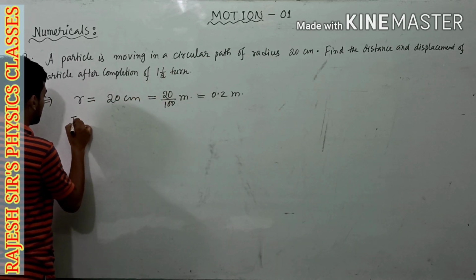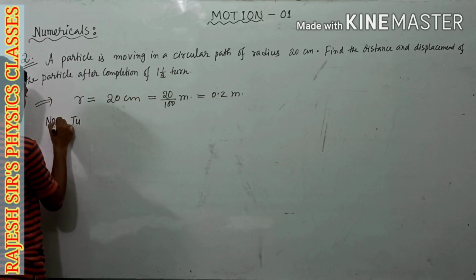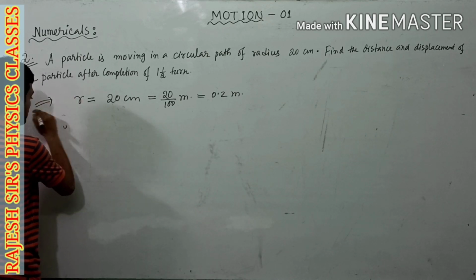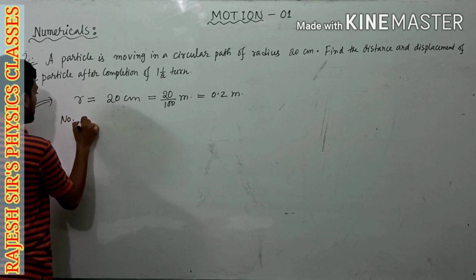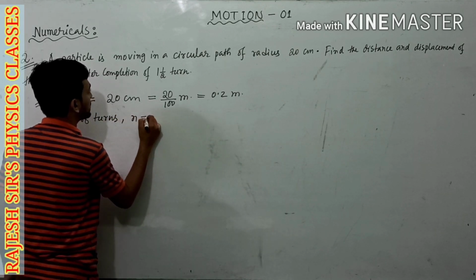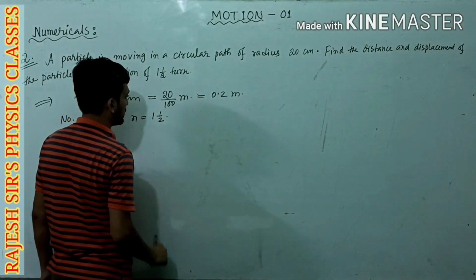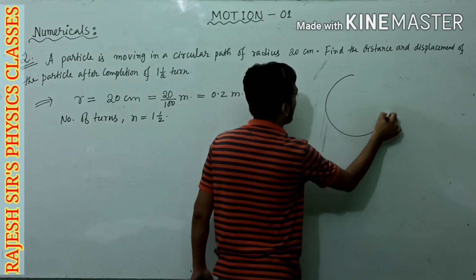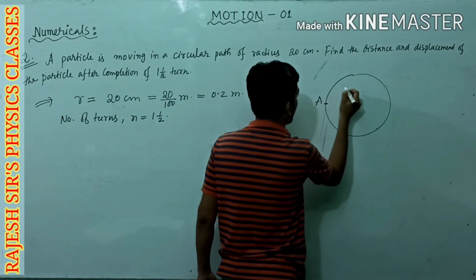So number of turns, small n is equal to 1.5. For one complete rotation, say this is the initial point.